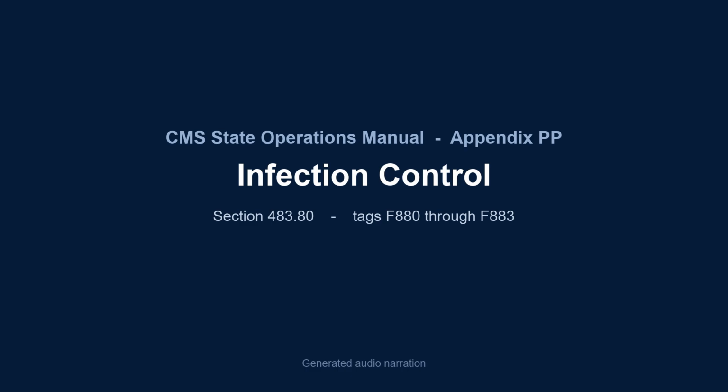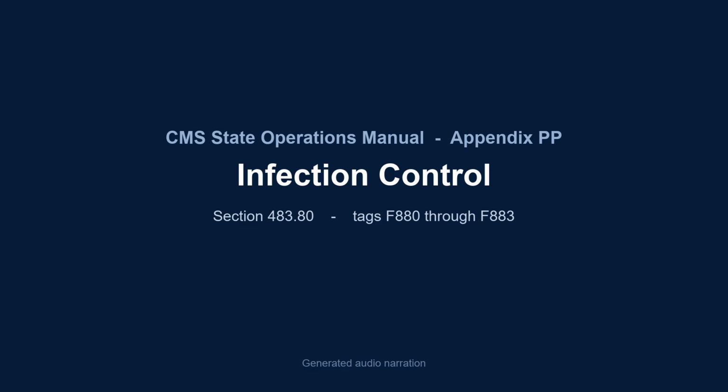Intent Section 483.80(b). The intent of this regulation is to ensure that the facility designates a qualified individual(s) on-site who is responsible for implementing programs and activities to prevent and control infections. Guidance. Responsibility for the infection prevention and control program, including the antibiotic stewardship program.